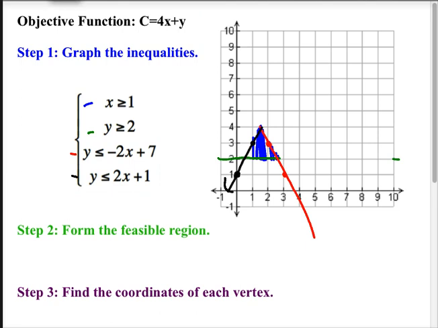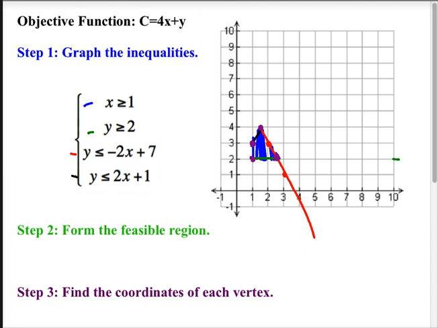Oh, and I'm sorry, I'm not going to be using those. So when we go to find our vertices, I have one here, here, here, and here. Okay, those are going to be my vertices.